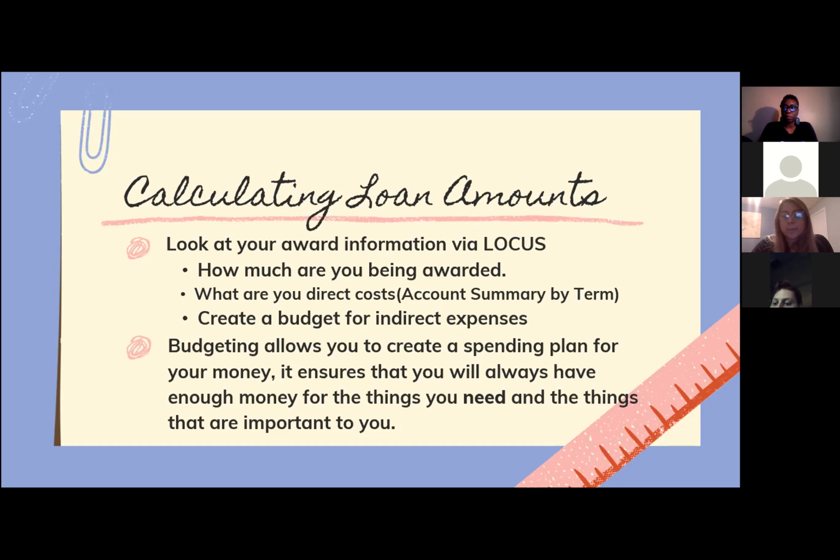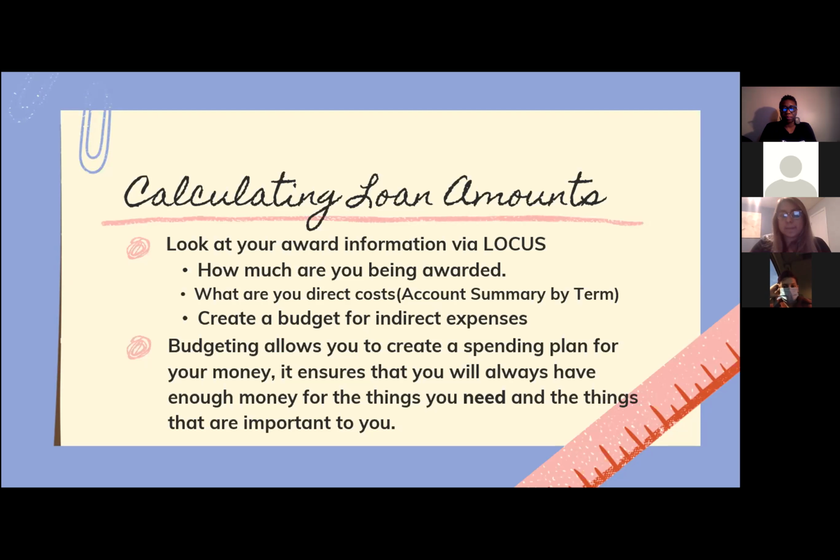Once you know how much is being billed and how much of your award is going towards that direct cost, then you want to create a budget for your indirect expenses. So if you click on your estimated cost of attendance, which you can find on your student center, you'll see that we break down costs by semester. Here you'll find information pertaining to housing, personal expenses, and travel.